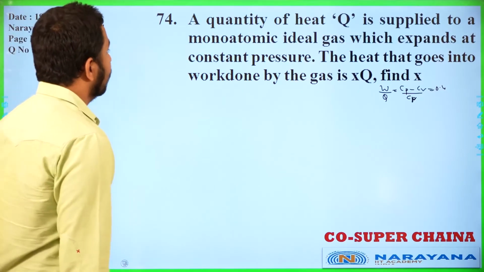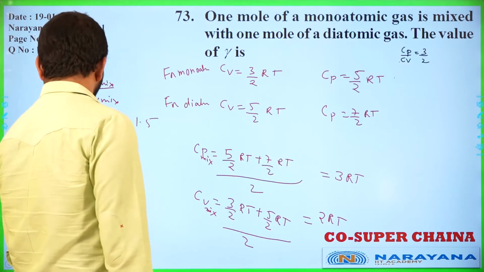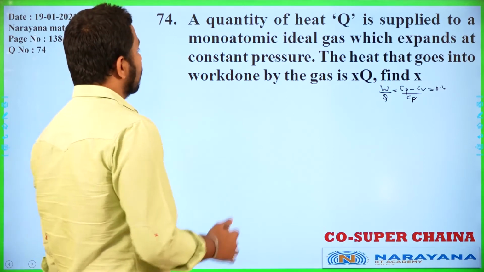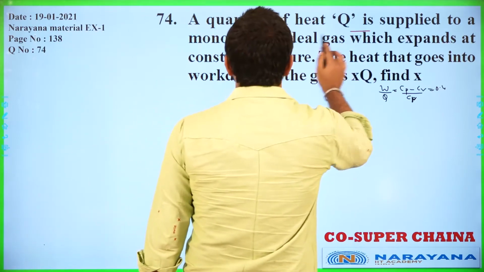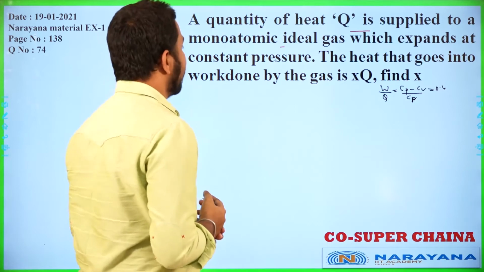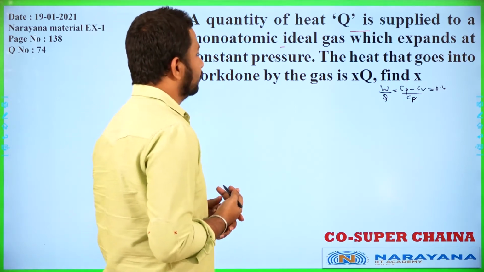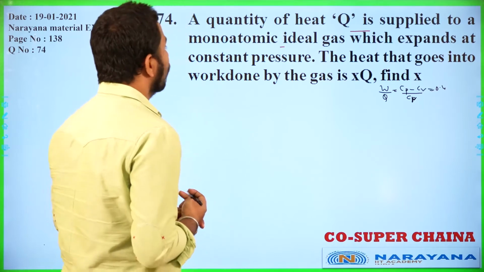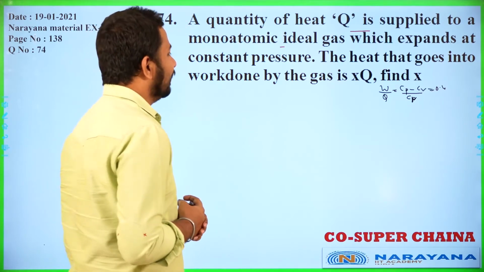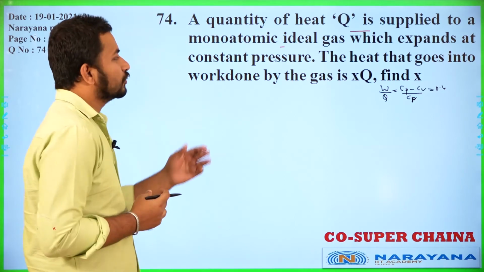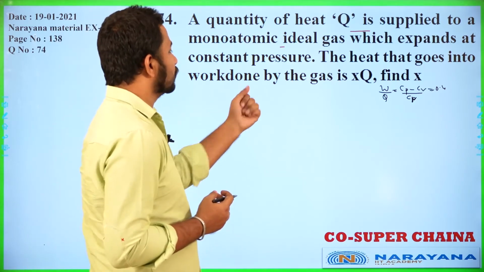Okay, so the next question here: the quantity of heat is supplied to a monoatomic ideal gas which expands at a constant pressure. The heat that goes into the work done. Here, student, you have to calculate what will be the heat that goes into the work done.